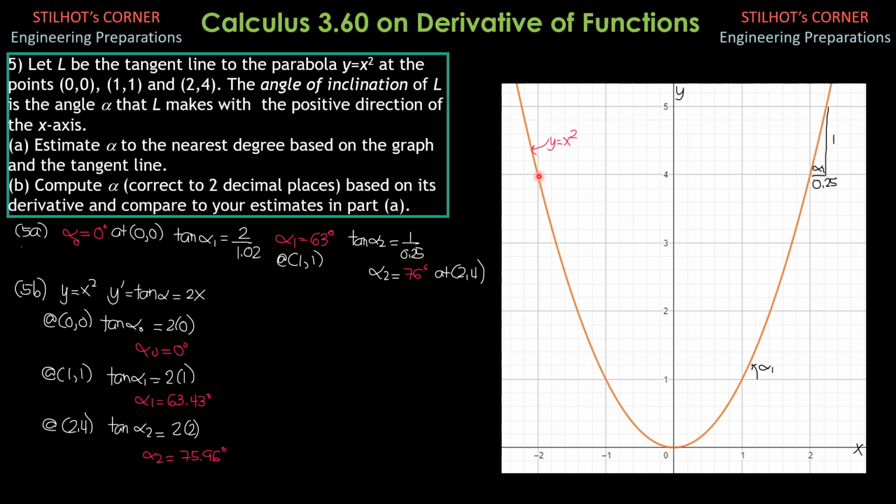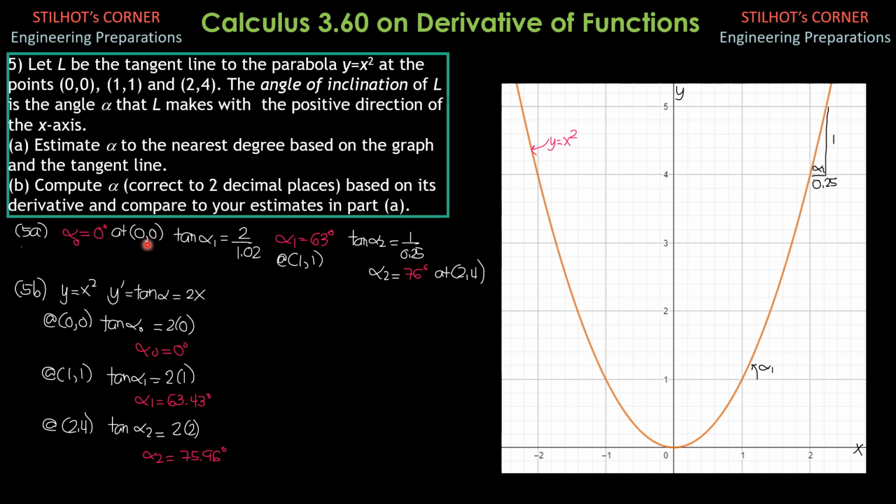So let's have plus or minus 2: negative 2, y is 4, positive 2, y is also 4, negative 1, y is 1, and positive 1, y is also 1. Then when x is 0, y is 0.